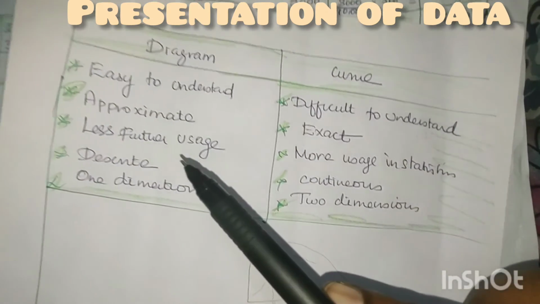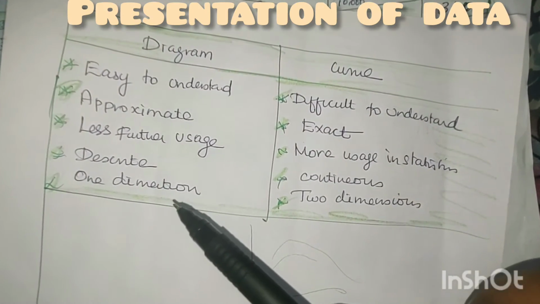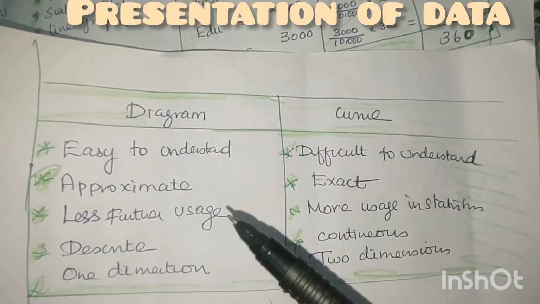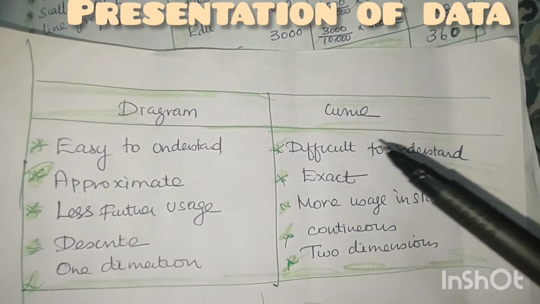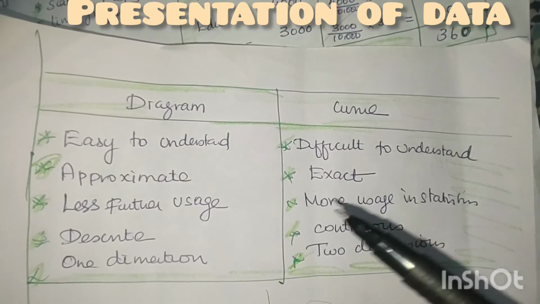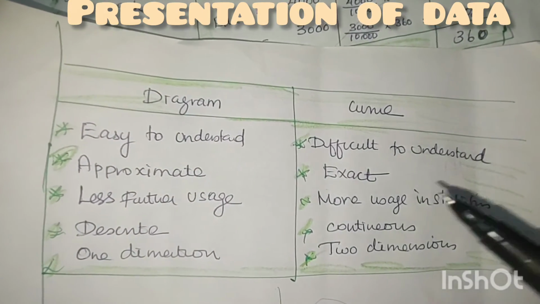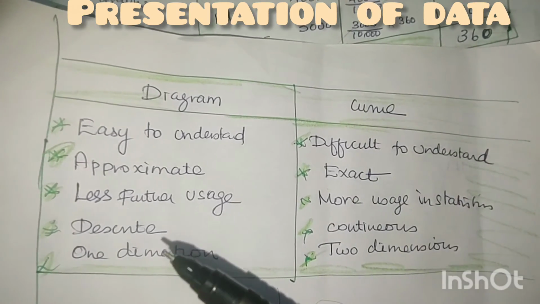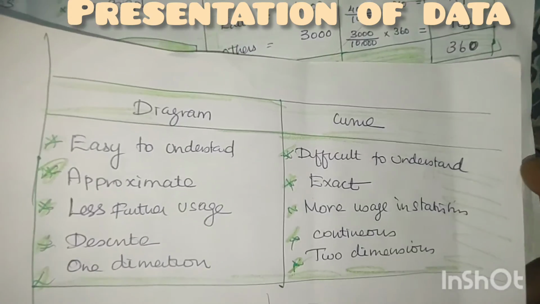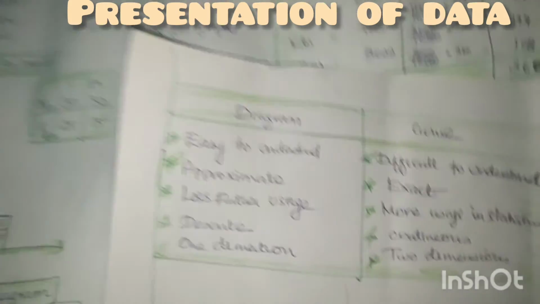A diagram is discrete, a curve is continuous. A diagram is one dimension, a curve is two dimension. So this is the difference between the diagram and the curve. Easy to understand, difficult to understand. Approximate, exact. Less further usage in a diagram, more further usage with a curve. A new curve can be drawn. Discrete, continuous. One dimension, two dimension.